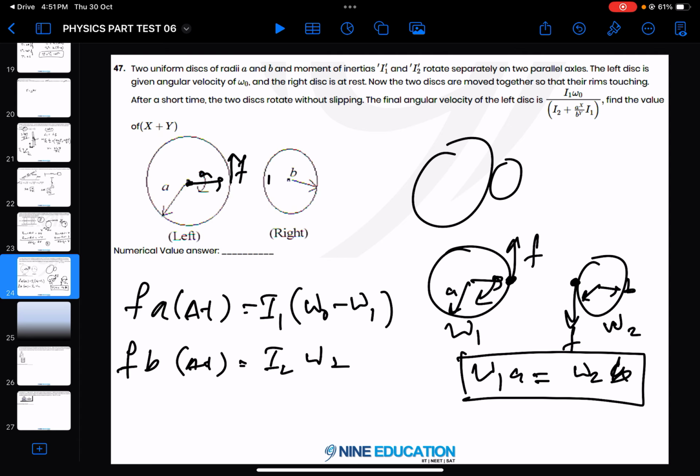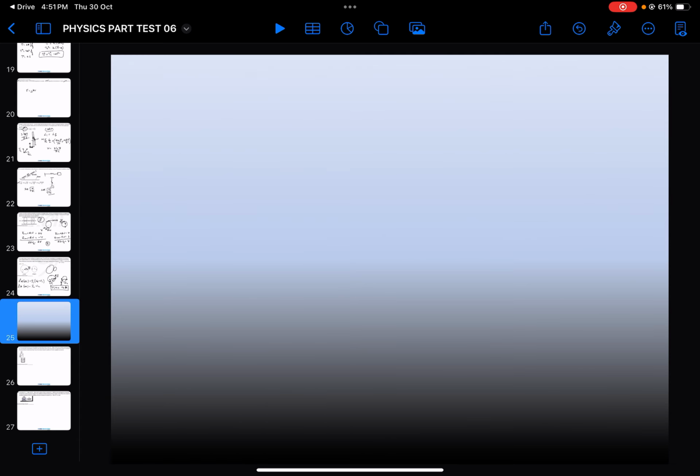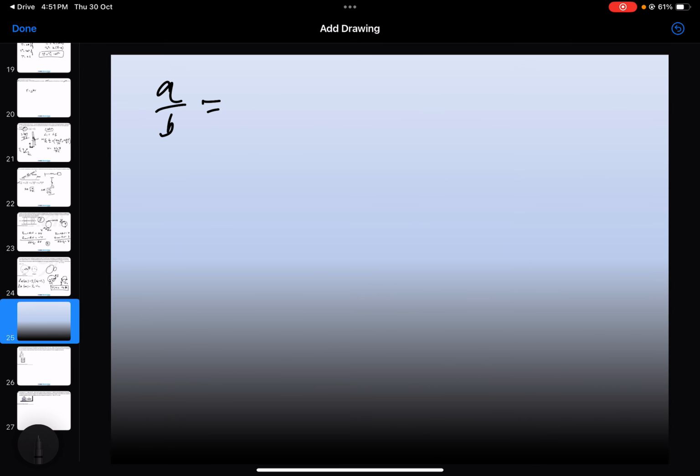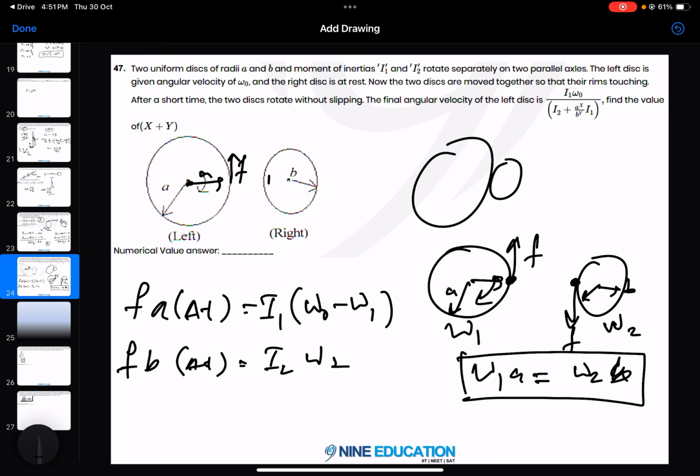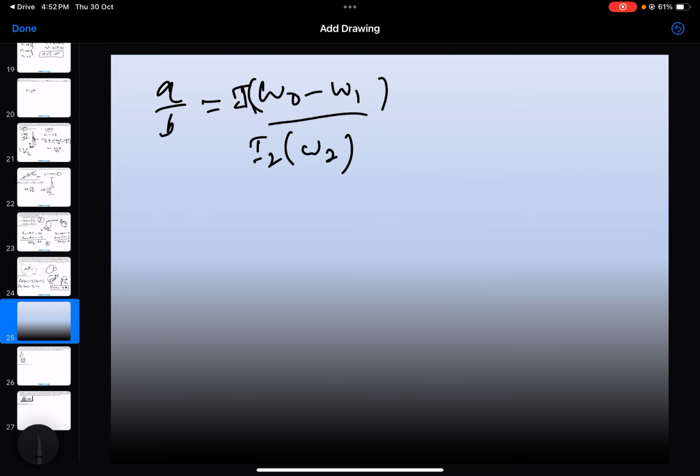Now when you divide these both, you will get a by b. a by b is equal to I1 into omega naught minus omega 1, by I2 into omega 2. Now we need omega 1. So omega 2 is omega 1 a by b. Substitute omega 2 here: omega 1 into a by b.